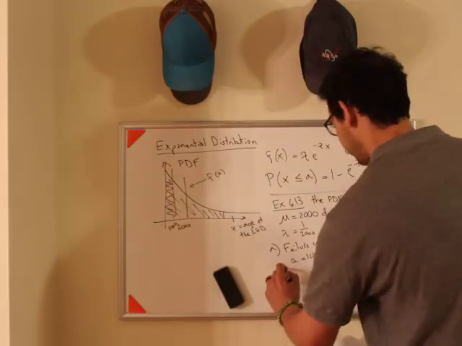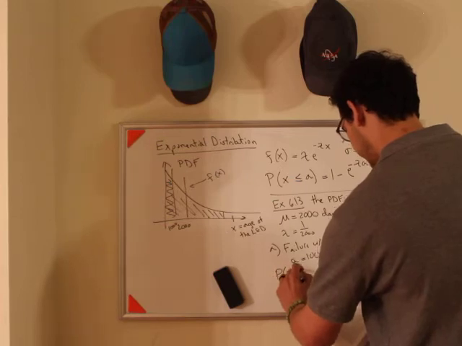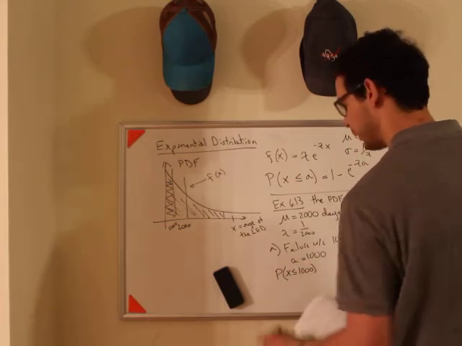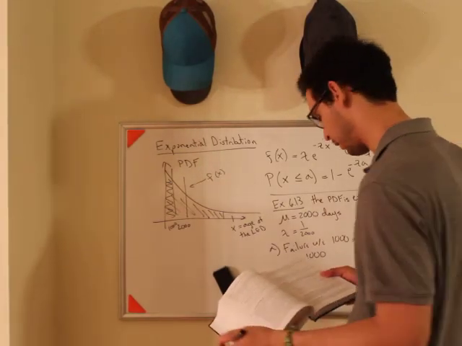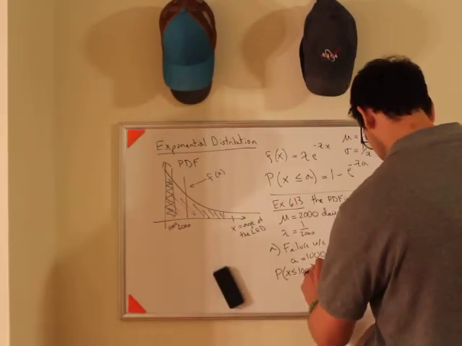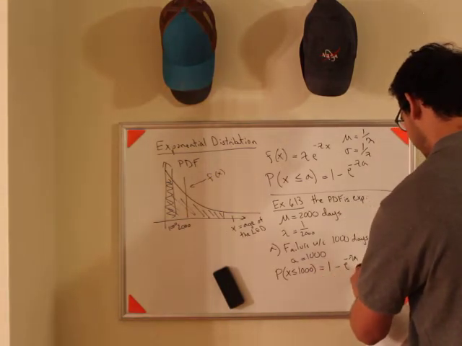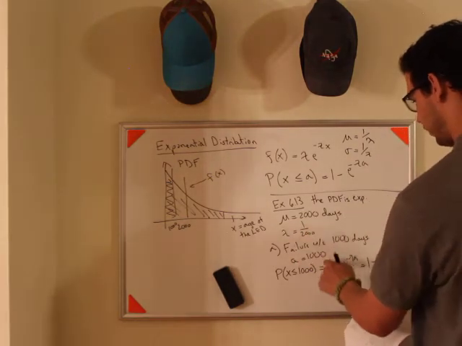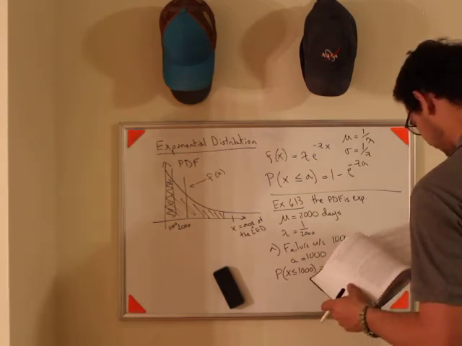That's the probability that x is less than or equal to 1,000, which is 1 minus e to the negative lambda a, which is 1 minus e to the negative 1 over 2,000 times 1,000, so that's e to the negative 1/2.